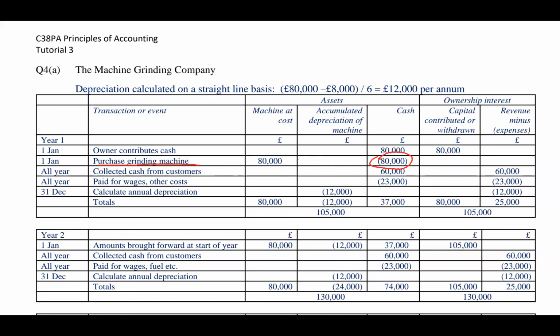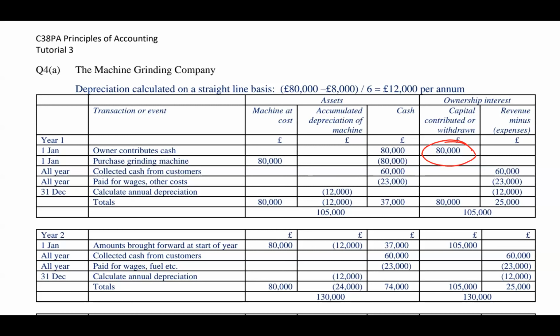When you purchase the machine, are you following what happened? First, the person introduces into the business capital of 80,000, right? Which means our bank account has 80,000.